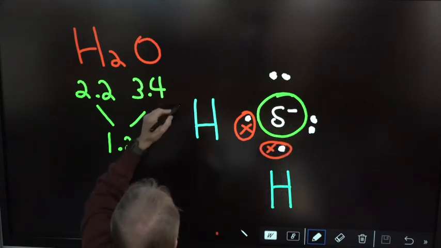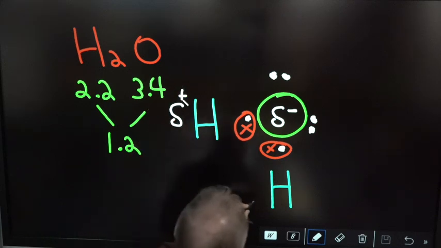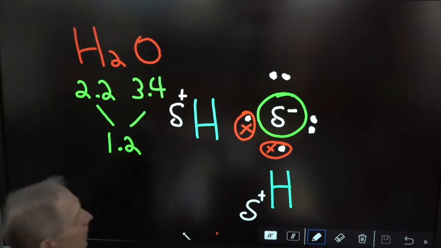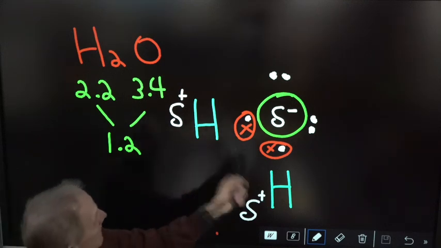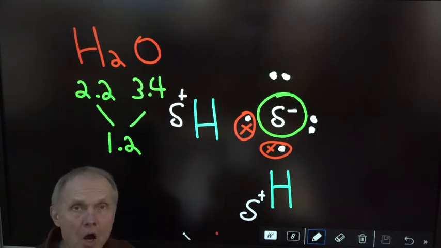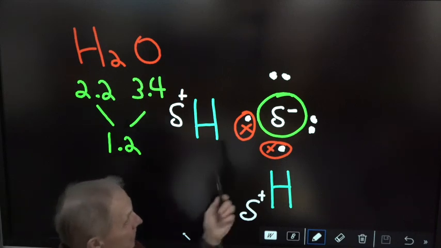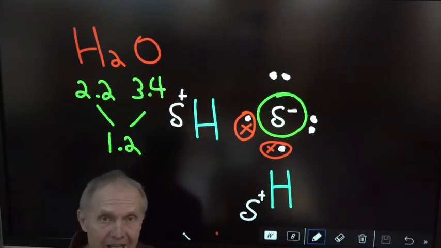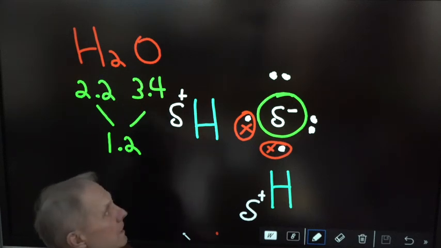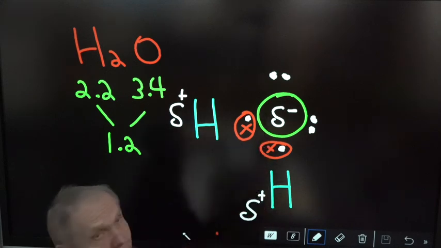For these guys, slightly positive, slightly positive. So, this molecule is a perfect example of unequal sharing of electron pairs. So, if it's unequal sharing, it is going to be polar bonds. So, here's a polar bond and here's a polar bond. Unequal sharing because oxygen is pulling harder.